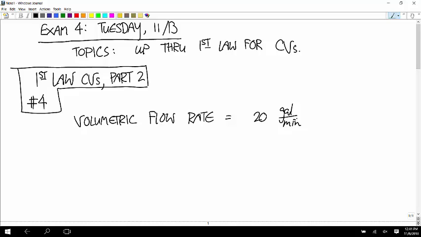At the pipe inlet, the pressure is 14.7 pounds per inch squared.